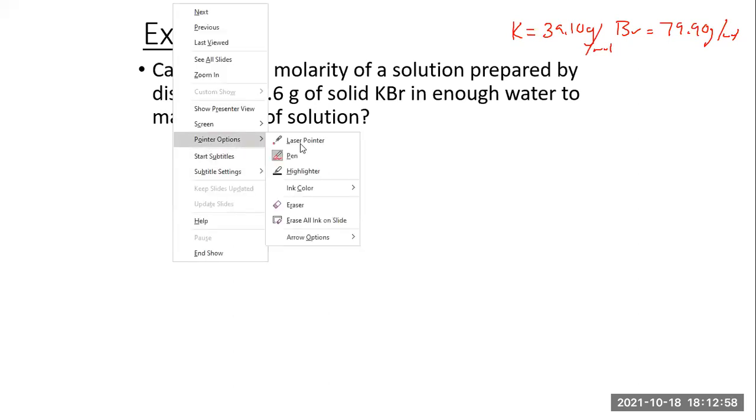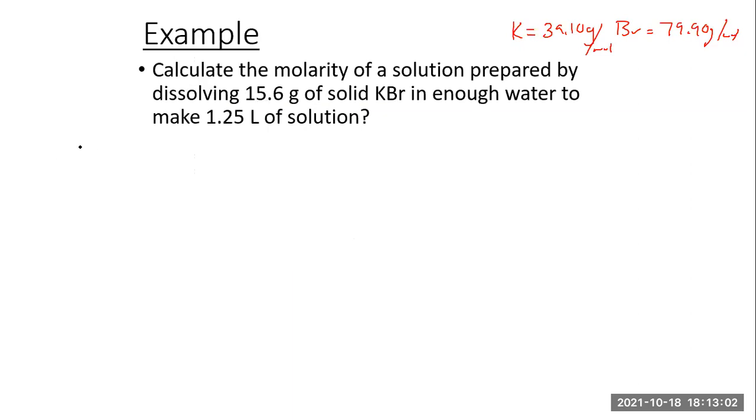So obviously we're looking for the molarity, and the full version of molarity is moles of solute per liter of solution. Here, the 15.6 grams of KBr would be our solute, and enough water, which would be our solvent, to make 1.25 liters of solution.